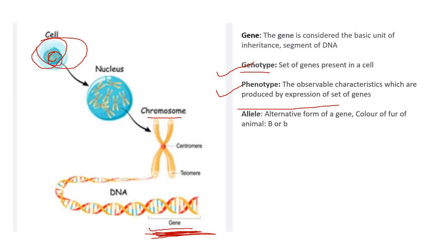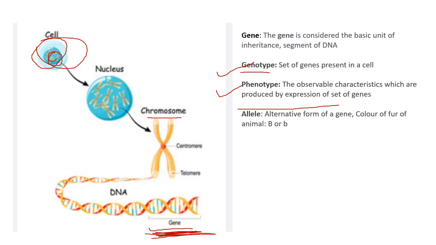So there is a combination of genes inside any cell, and that will produce a set of features in any individual.